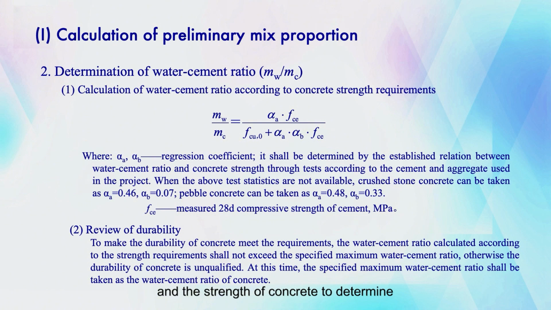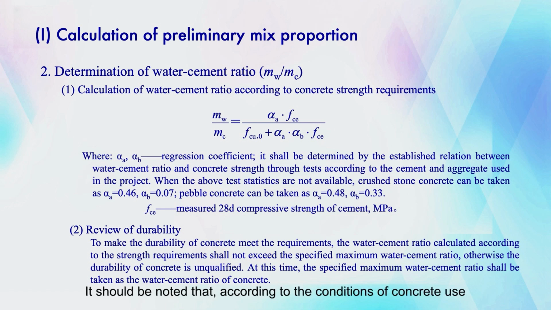When there is no test statistics, they can be taken as follows: crushed stone concrete alpha A is equal to 0.46, alpha B is equal to 0.07; pebble concrete alpha A is equal to 0.48, alpha B is equal to 0.33.